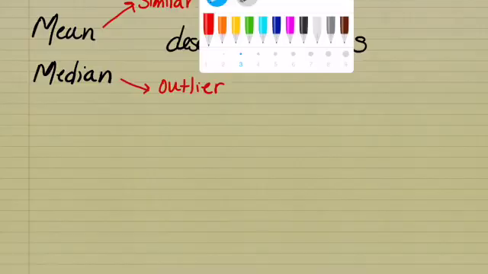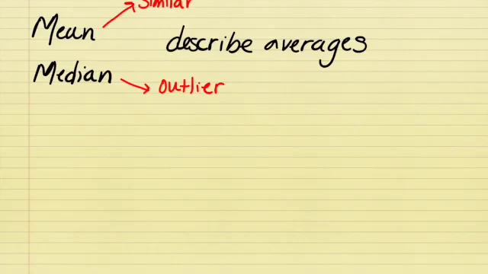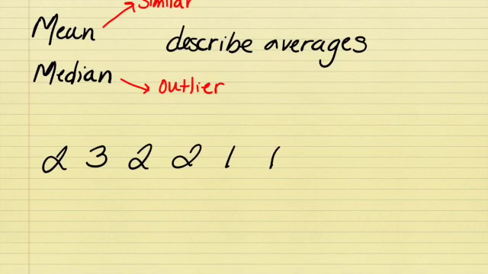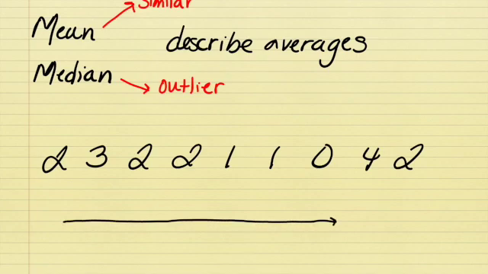Here's what I mean. Our data we were looking at was this: 2, 3, 2, a 2, a 1, a 1, a 0, a 4, and a 2. All of these numbers are pretty close together. If you put them on a number line, starting down here with a 0, 1, 2, 3, 4, they're all going to be pretty close together.